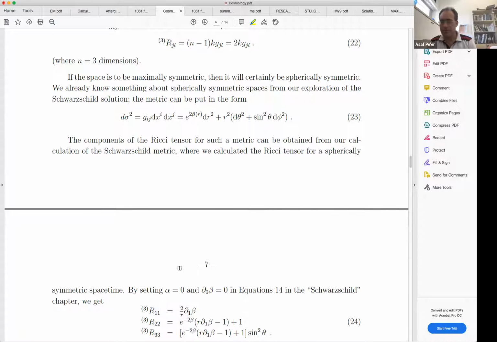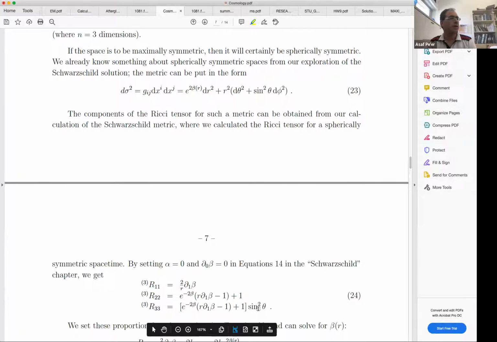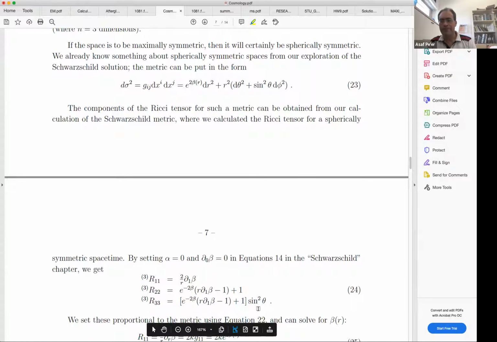We had this alpha multiplying dt and beta multiplying dr. So we set alpha equal to 0 and the time derivative of beta equal to 0. Then we end up, again, you can simply look back at what we did there. It is identical. Now the superscript 3 reminds us that we're in 3 dimensions.